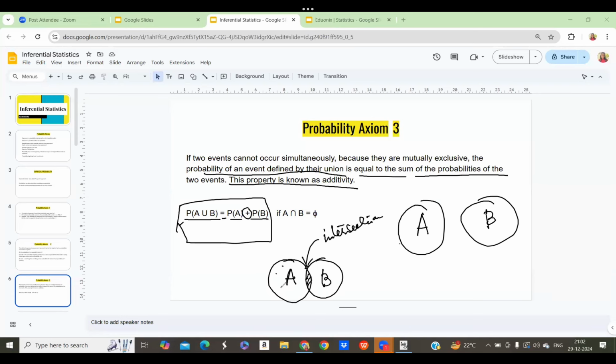And the whole event together is called union. And this is called intersection. Okay. So this is nothing but a formula you need to remember.